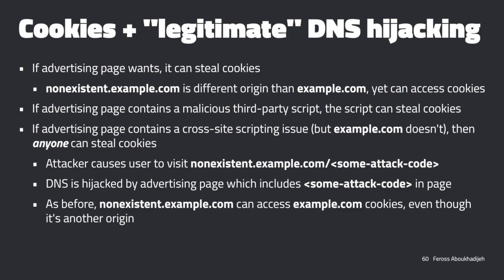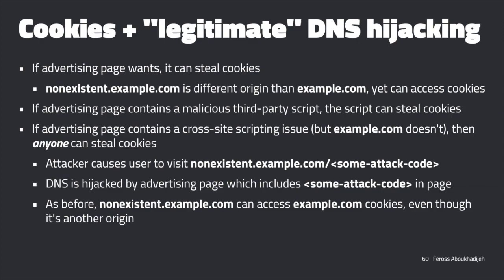So in particular, let's say that the page is insecure in a way where if we were to go to this URL here, nonexistent.example.com/some attack code, our DNS would be hijacked because the internet service provider would see that this is not a valid domain, so it would return us this ad page. But say that it did something wrong with this code, included it in the output of the page.